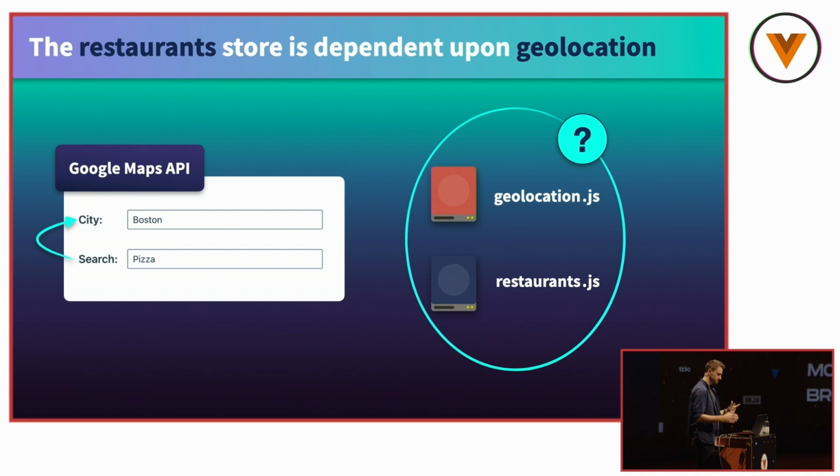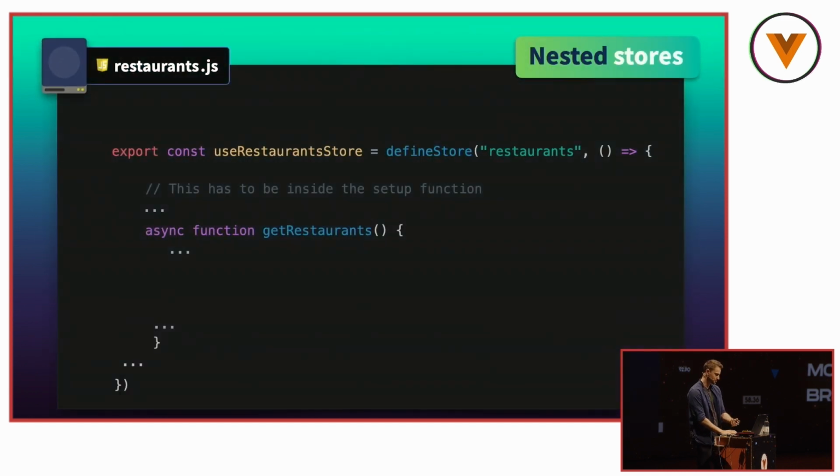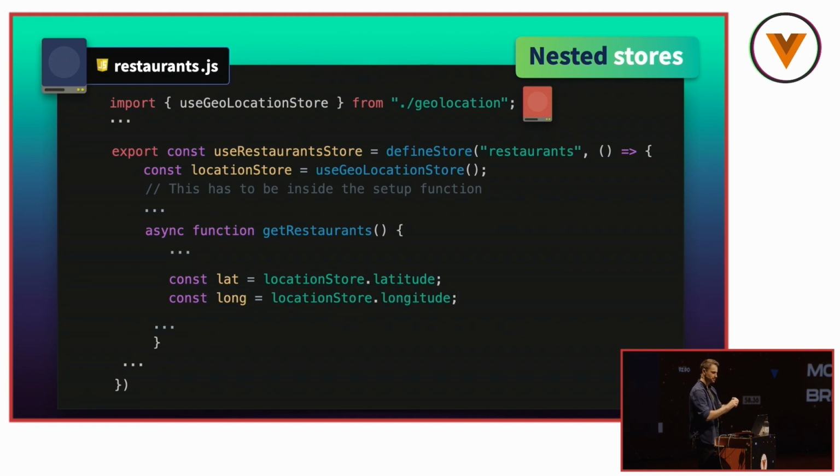Well, no, it actually doesn't, because we can make use of what we can call nested stores. So in this circumstance, we could import the geolocation store inside of the restaurant store and then just use it in there. So we're still creating that separation of logical concerns and are able to use them within each other as necessary.